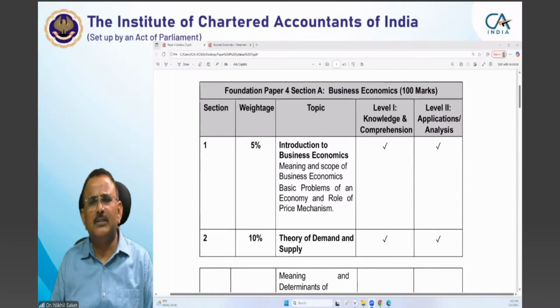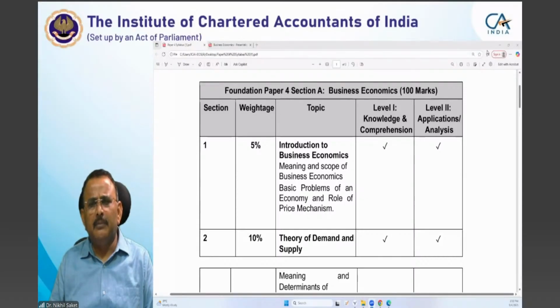Some refer to various material available, some focus on the study material. Our only concern is that whatever is given in our study material, the student should be thorough in that, so that whatever questions come in the examinations, you are able to answer them.